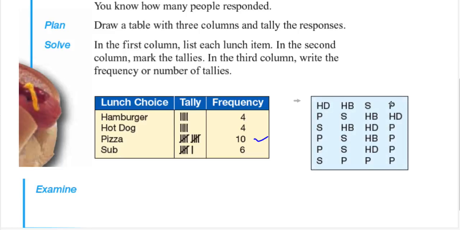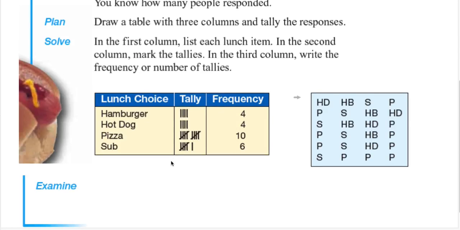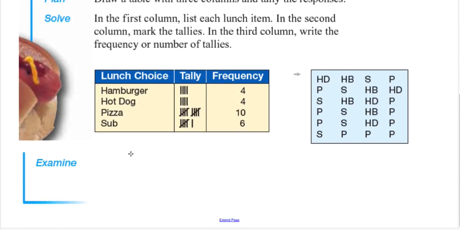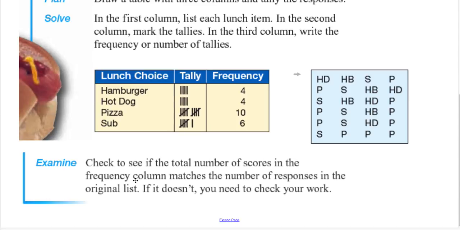So if this is our table, we know that 10 people preferred pizza, 4 people preferred hamburger, 4 people preferred hot dog, and 6 people preferred a sub. To check and examine if our answer is reasonable, check to see if the total number of scores in the frequency table matches the number of responses in the original list.